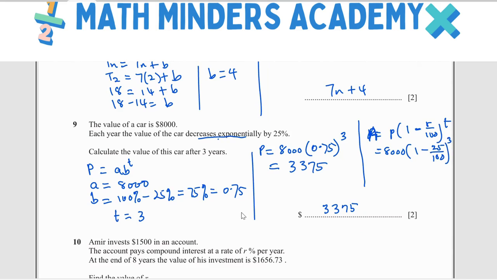If we use this, you are still going to get the same value. Here, this is 1 minus 0.25 raised to power 3. This gives us 8,000 times 0.75 raised to power 3, which is exactly what we have here. Okay, so that we also work it out.